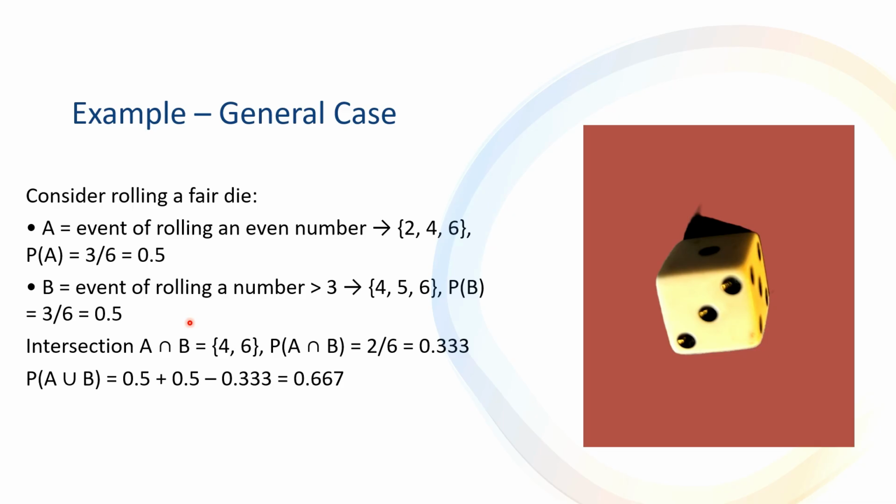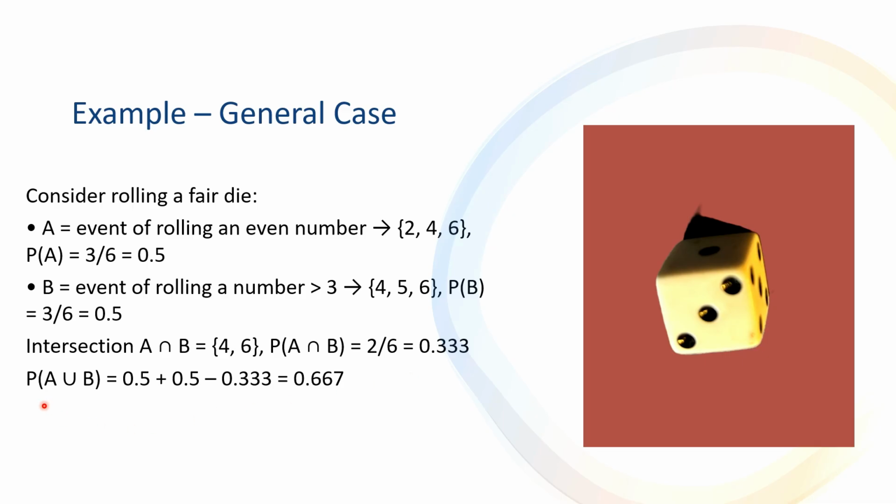But we have an intersection here. We've got 4 and 6 that are even numbers, and they're greater than 3, so we have to subtract that off. So the probability of A intersection B, there are 2 favorable outcomes, which would be 4 and 6, divided by the 6 possible outcomes of rolling a die. That's equal to 0.333, or a third.